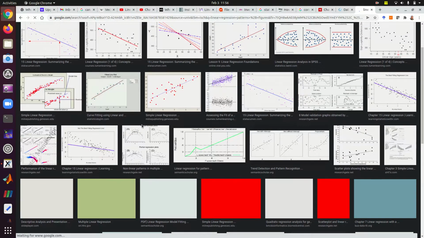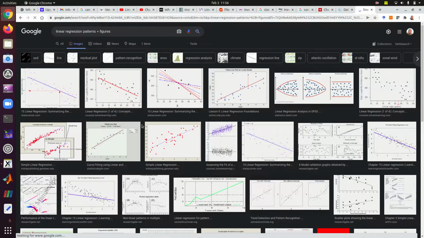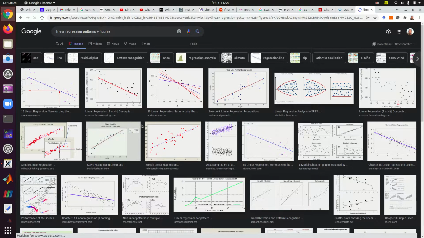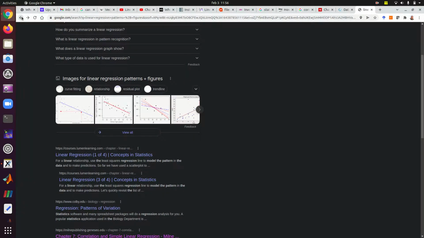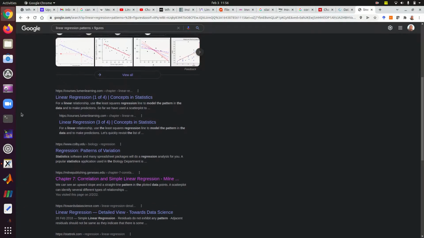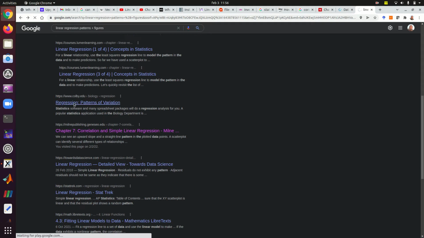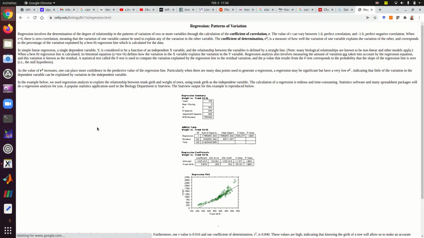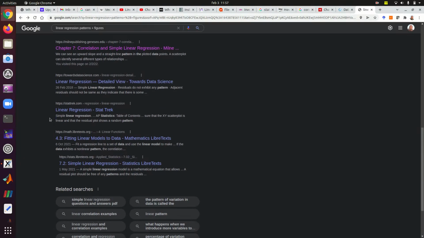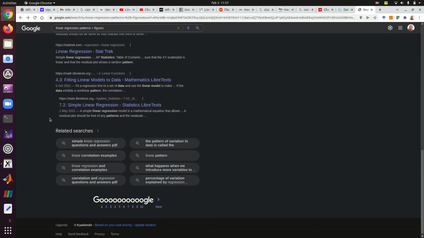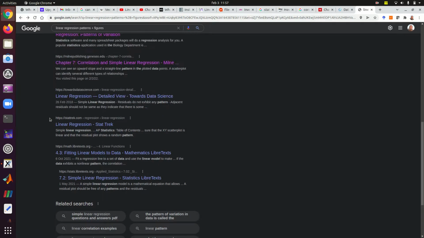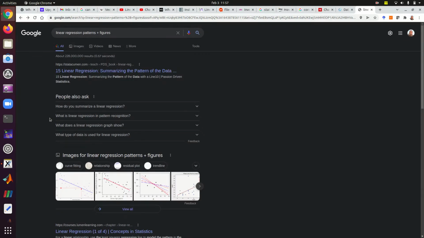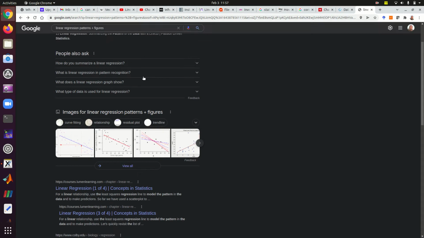Maybe these are really small. Let me see, linear regression, patterns of variation. Let's look at this one here. What do they say? The pattern of variation is called... if I don't find it in the next minute, I am simply going to search how to summarize a linear regression.